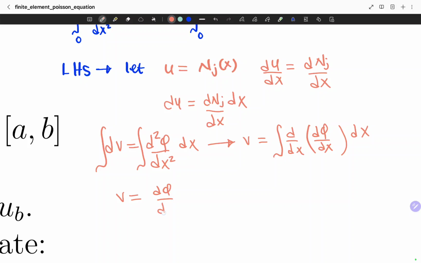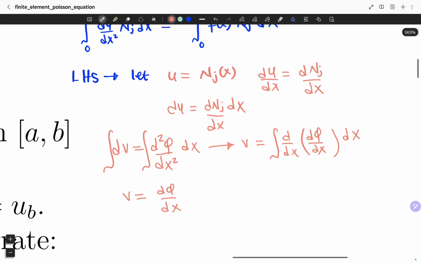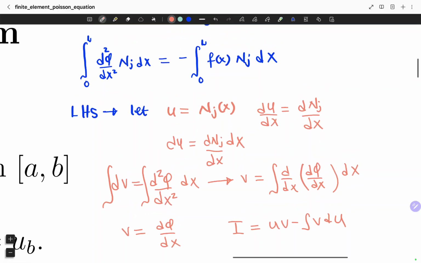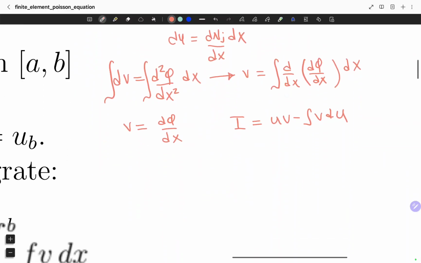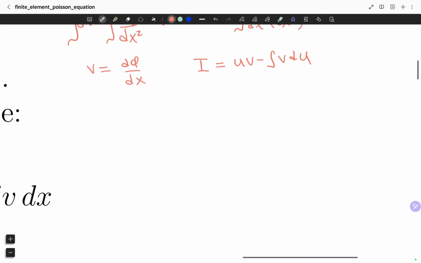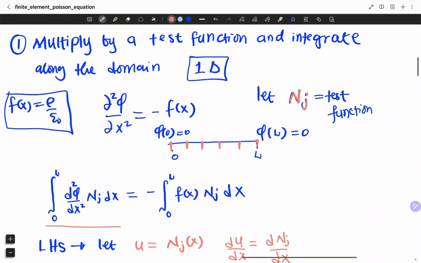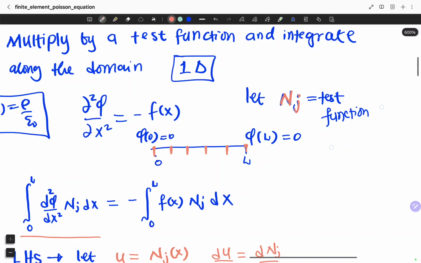And when you have a situation like this, you can call v equals del psi by del x. And because the integral is uv minus integral of v du, we have all the cards at hand. So now we can say that this left hand side is going to be uv. I forgot, there is also another condition that this test function should satisfy.